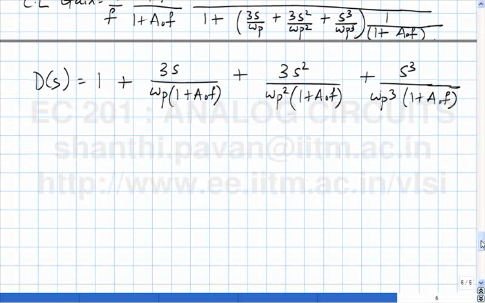The first thing to do is to obviously figure out if the loop is stable or not. So any comments on how I might be able to figure it out? To avoid carrying over S by omega P everywhere, I can actually find the roots of d of S by omega P, which is a polynomial.